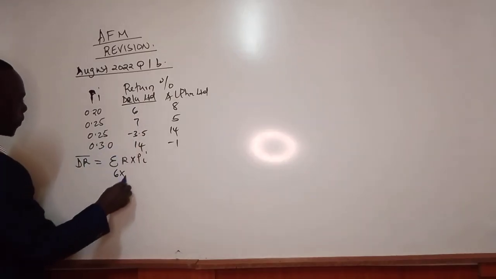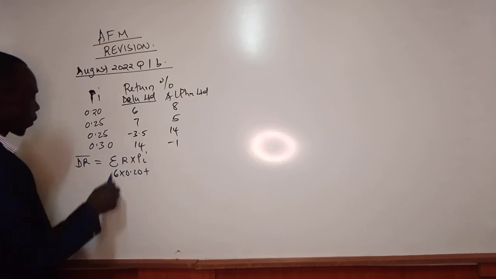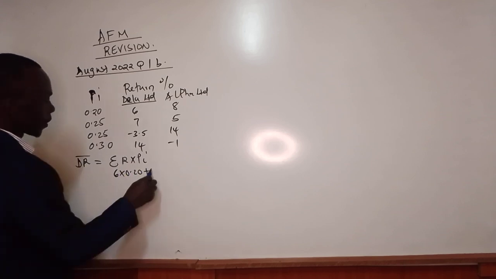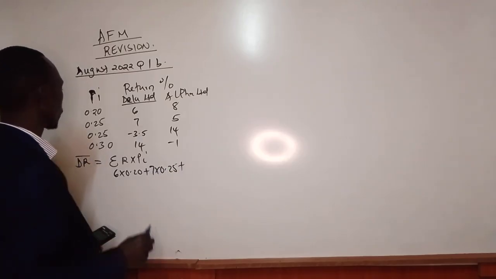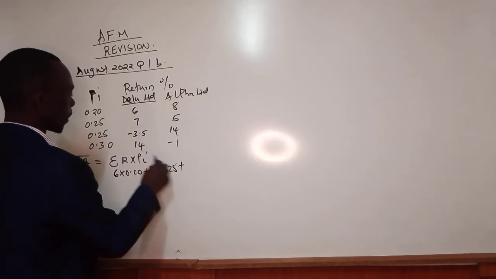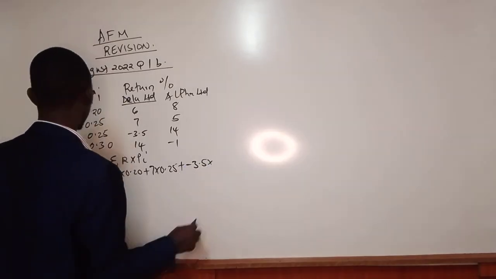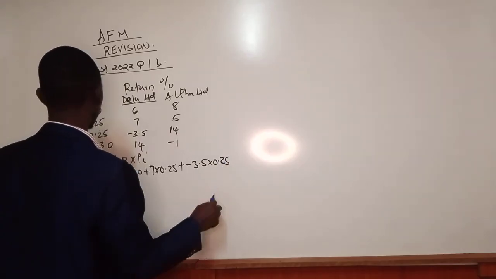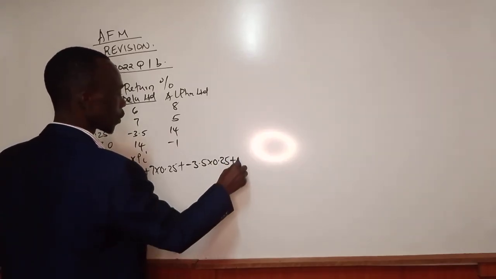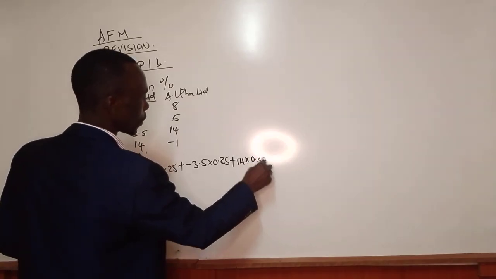So it is 6 times 0.20 plus, we talk about the summation, 7 times 0.25 plus negative 3.5 multiplied by 0.25, then plus 14 times 0.30.